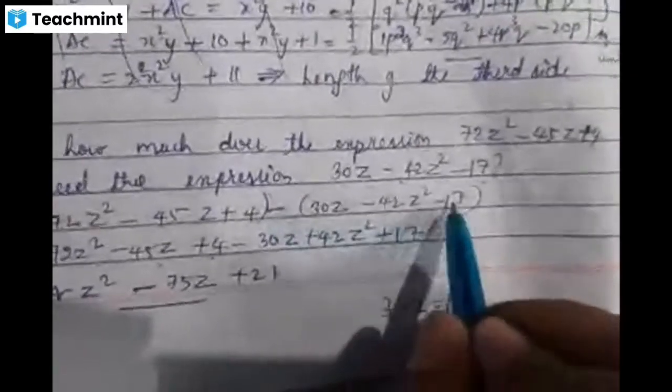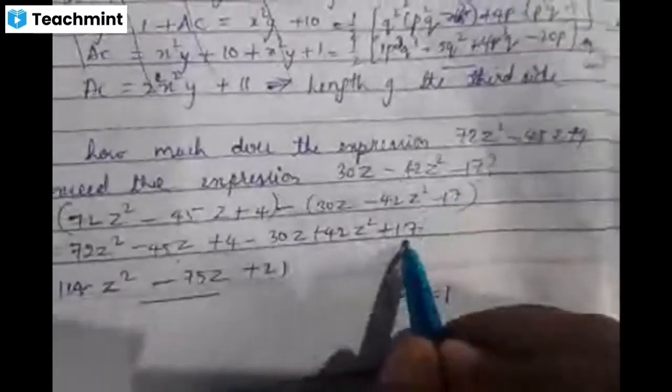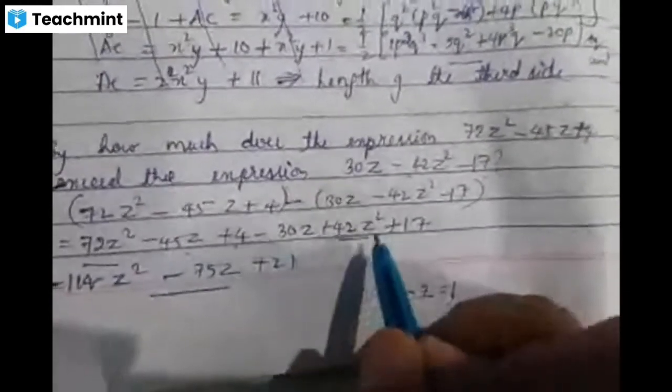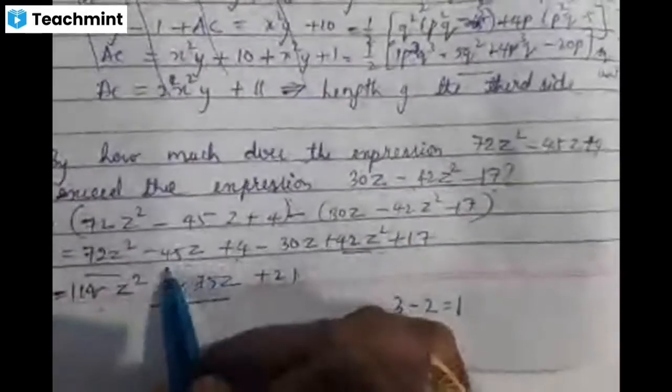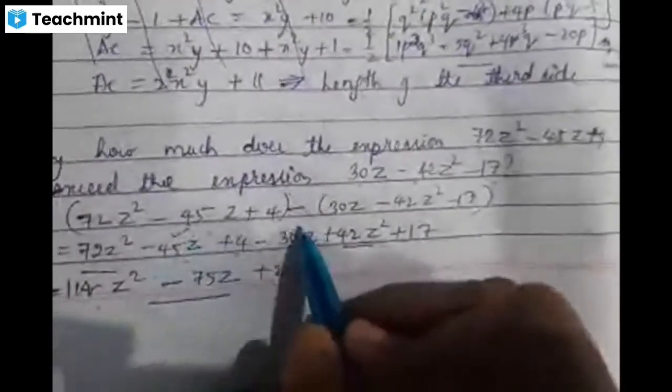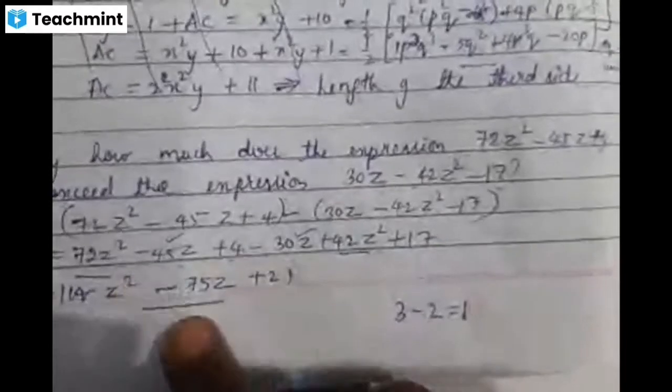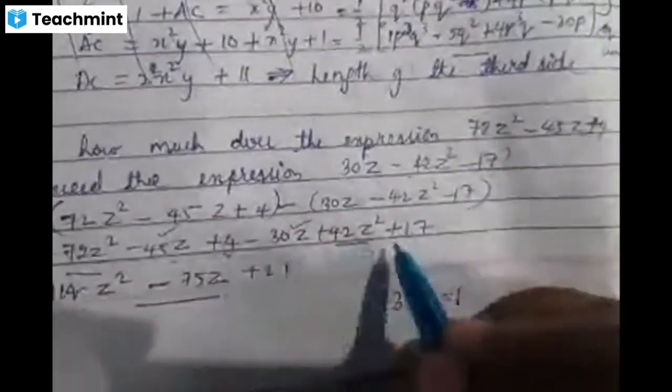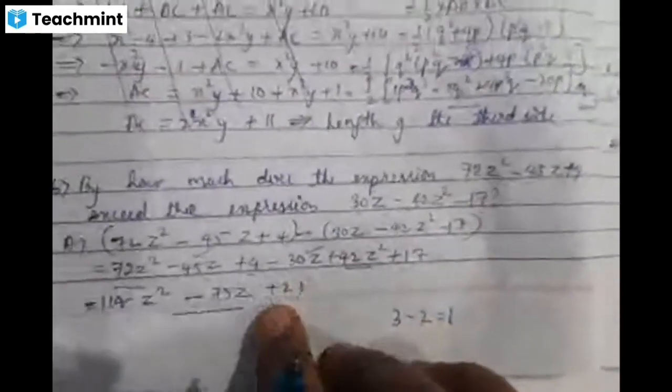Minus into minus is plus 17. We have like terms 72 plus 42 z square is 114z square, minus 45z minus 30z will be minus 75z, and then constants together 4 plus 17 will be plus 21.